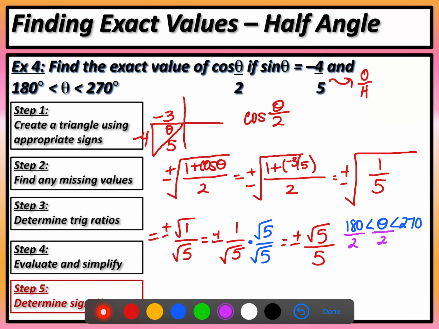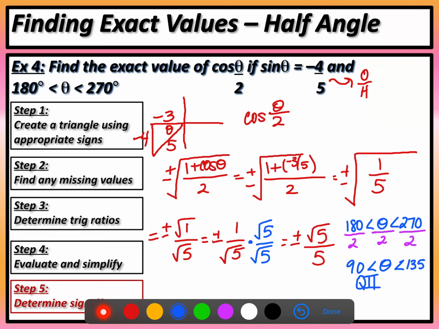So I can cut this information in half, and that'll tell me where theta over 2 is. It's between 90 and 135. So from 90 to 135 is quadrant 2.